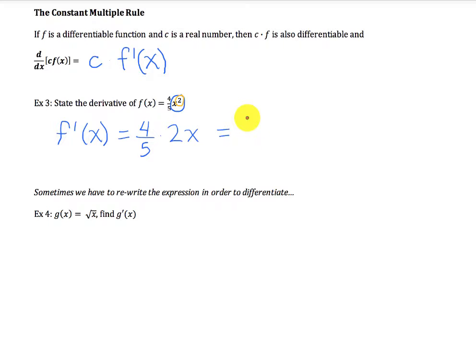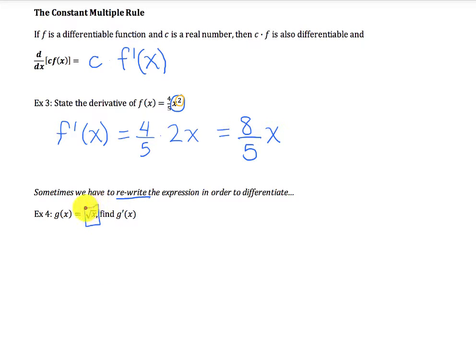So our final answer when we simplify and just multiply those constants together would be 8/5 x. So that is the derivative of 4/5 x squared. If you want to prove it, you could go ahead and use the limit definition to validate that you do get 8/5 x.